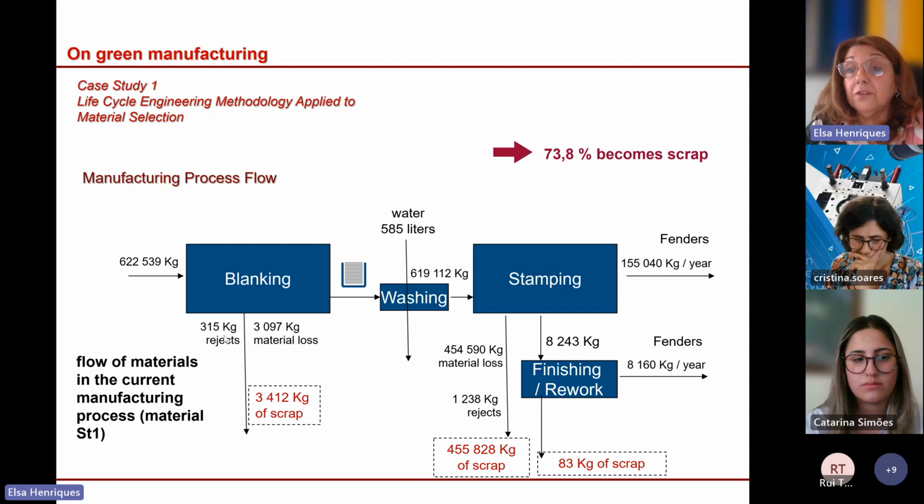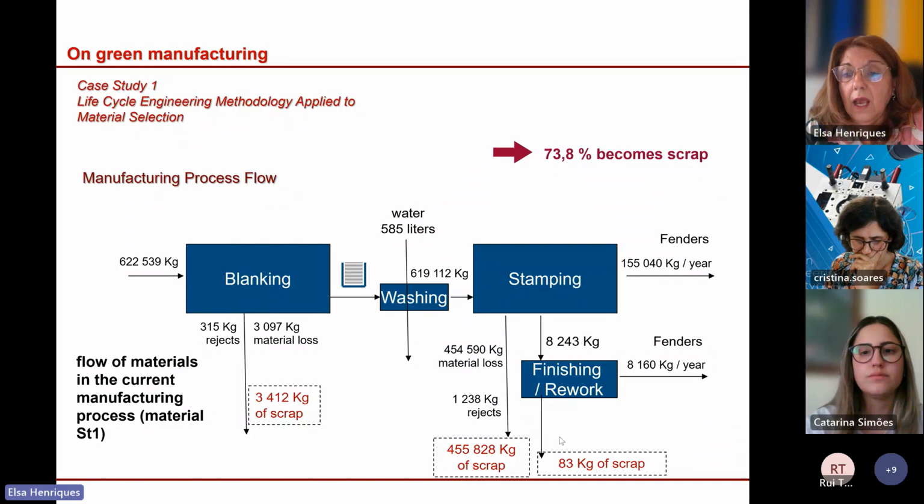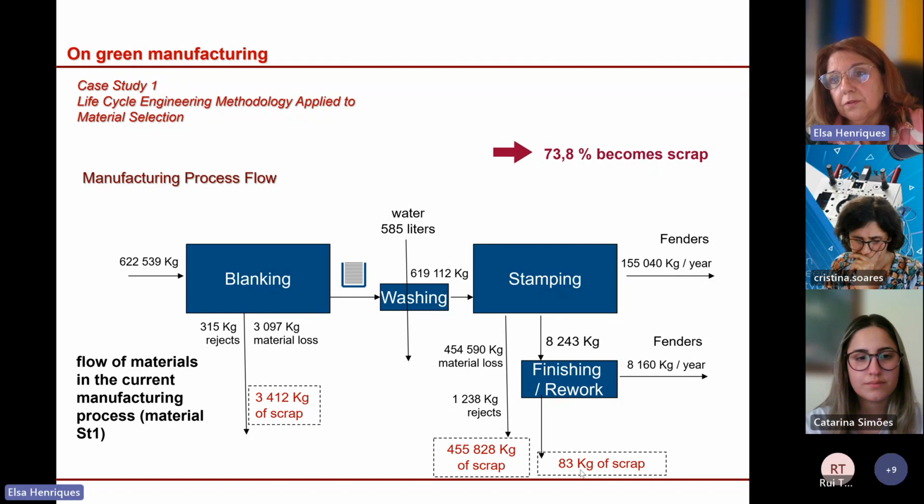It's not because of non-quality. In fact, because of non-quality, I only have in the blanking 300 kilos of rejects, and in the stamping, I only have 83 kilos of rejects.